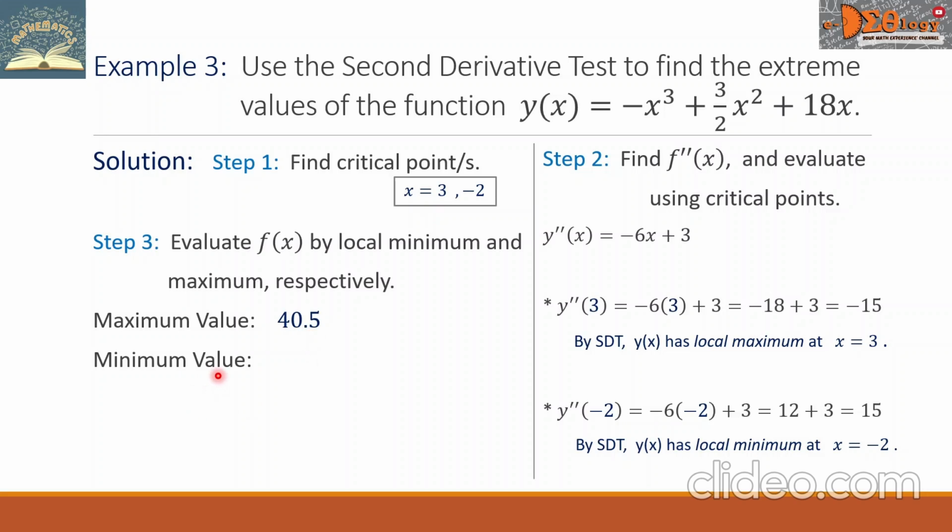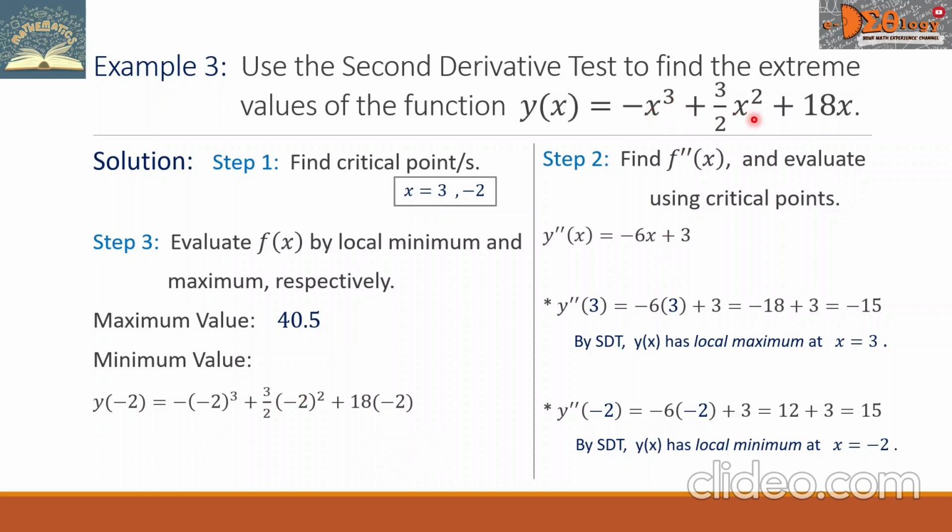Then we go to the minimum value. In our step 2, we said that the function has a local minimum at x equals negative 2. So this value of negative 2 we're going to use, and that will be y of negative 2. We evaluate this given function, and it becomes like this.